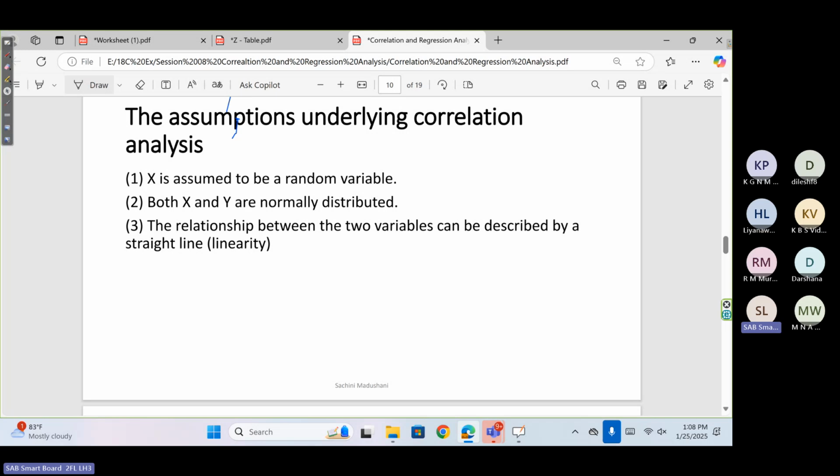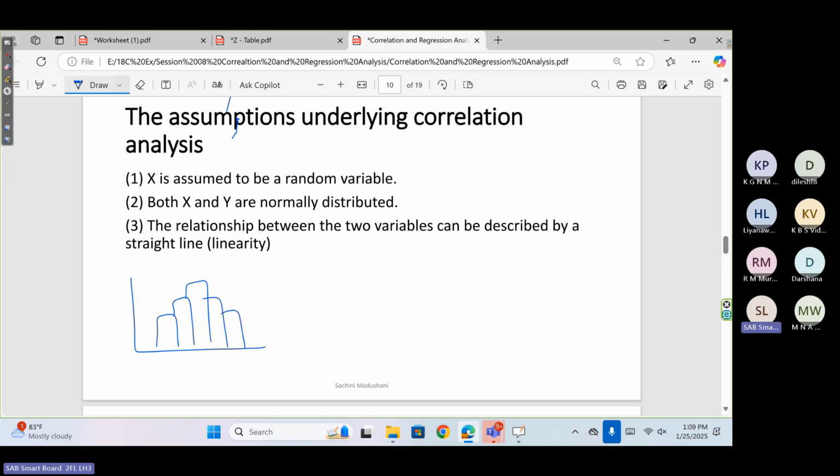In software there is a separate test we can use to check normality. Other than that, simply we can check the normality using the histogram. When a variable is normally distributed, this kind of shape you can get.